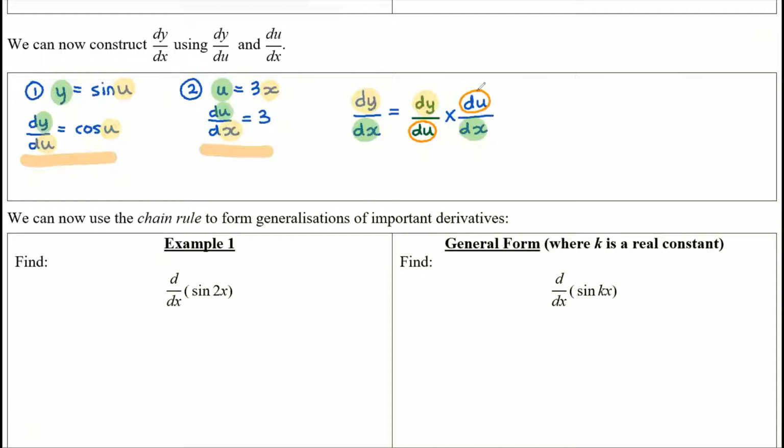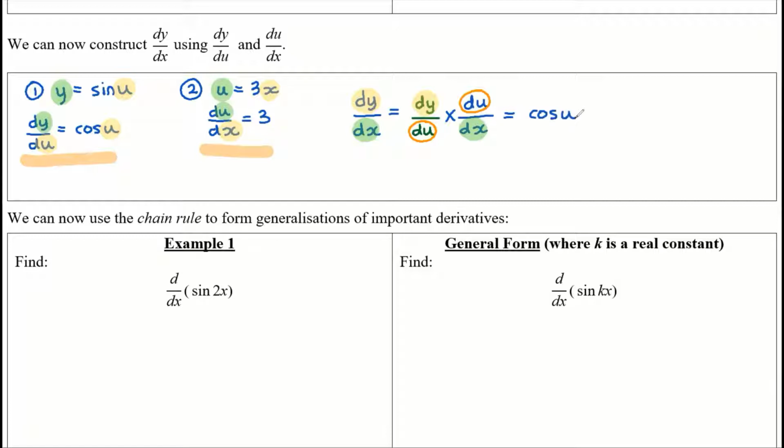It's important not to think of these things as fractions, although the rules still apply. It still works. These are derivatives, but you can see that the du in the denominator and the numerator will cancel each other out. So that's how we can construct our dy by dx. If I do that, it's going to be dy by du, which is cos u.